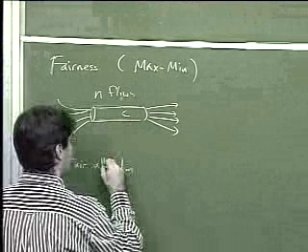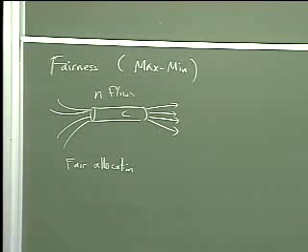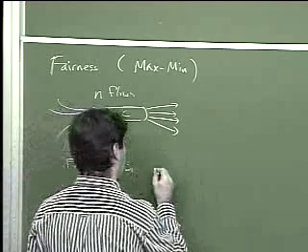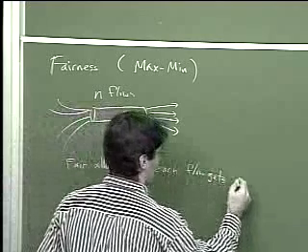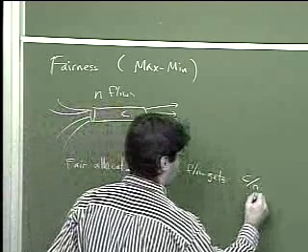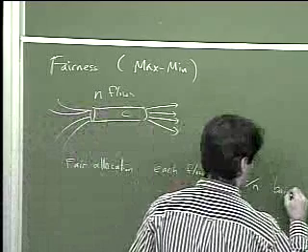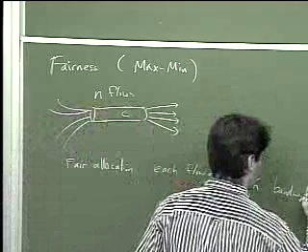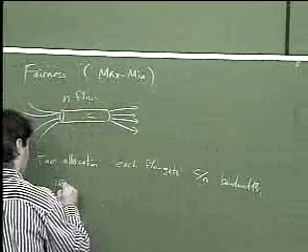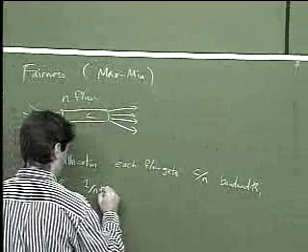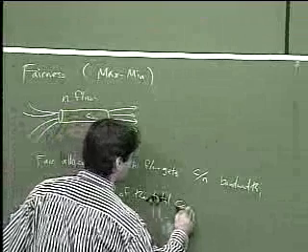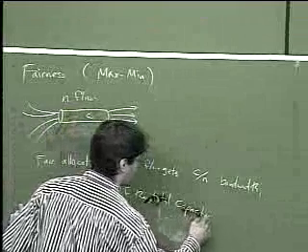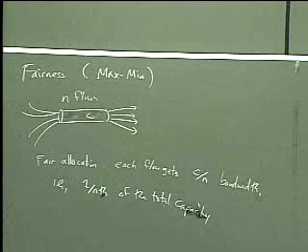What's the allocation you could give all these flows where no flow would complain? It would be C over 4, right? Or C over n. Right, 1/n of the total capacity.